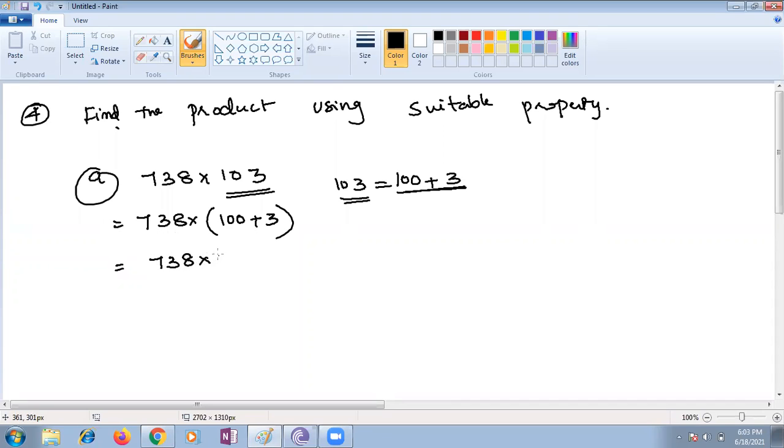Mother is distributed to the first child, 100, and to the second child, 3. So you can expand. Any number multiplied with 100 is the same number followed by 2 zeros, so 73,800. And 738 into 3 is equal to 2214.